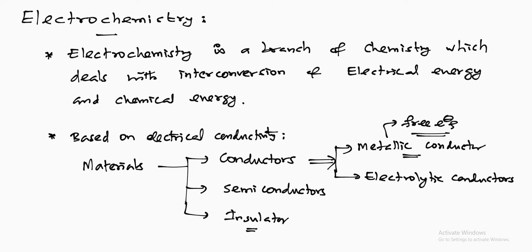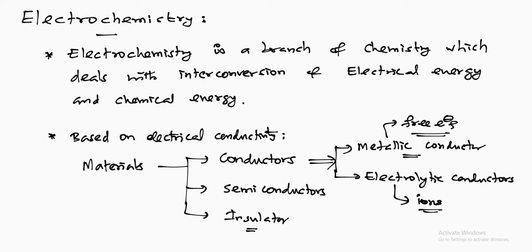Whereas we have another conductor called an electrolytic conductor. Electrolytic conductors are materials in which conduction occurs due to the movement of ions. Ions will migrate from one corner of the material to another corner. Because of this movement, the electrolyte conducts current.